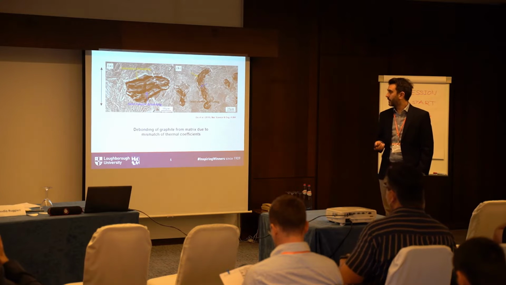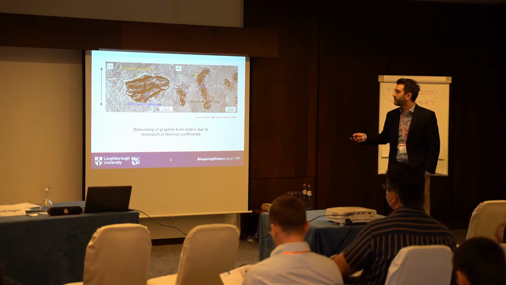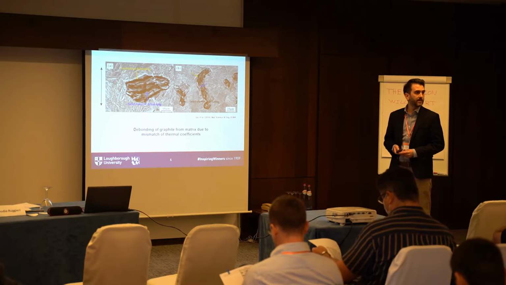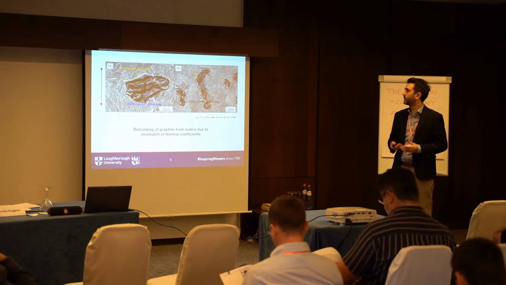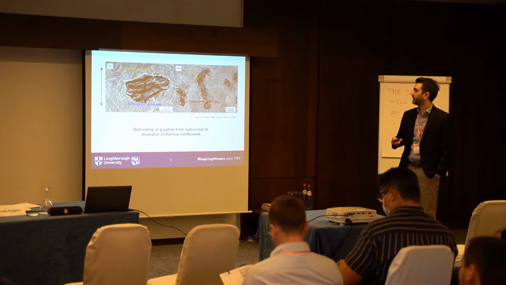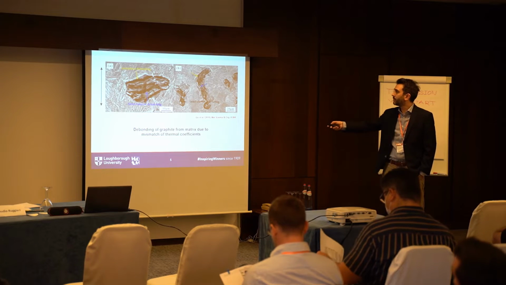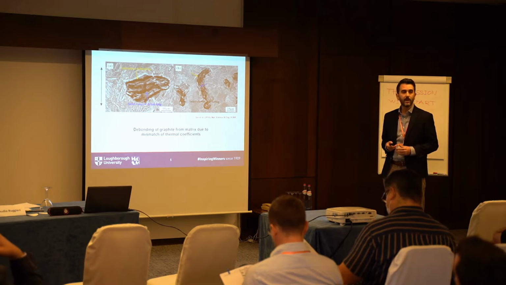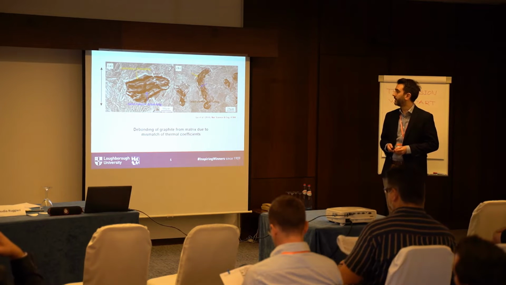Damage mechanisms: the difference between the matrix and the particles is essentially the coefficient of thermal expansion. So at high temperature you get debonding, decohesion, interfacial damage, which is the title of my talk, but also some cracks inside these laminar structures of graphite.